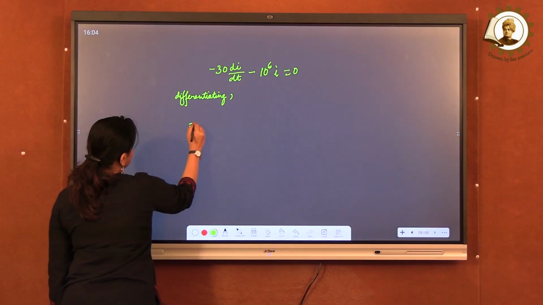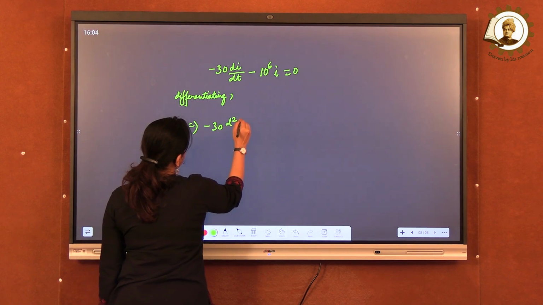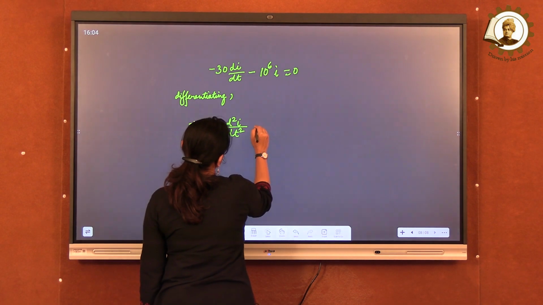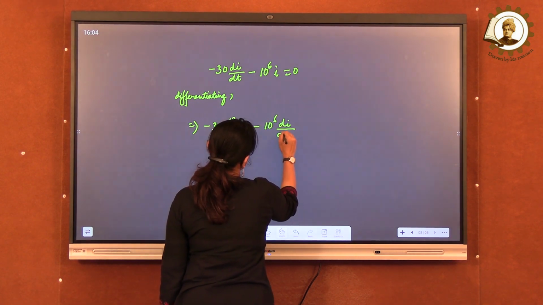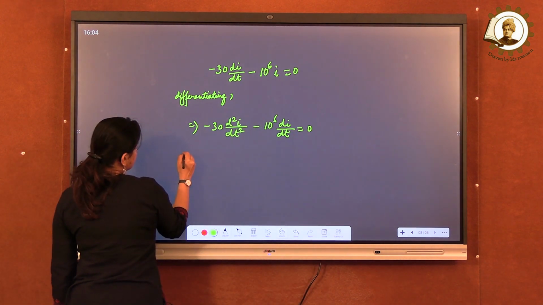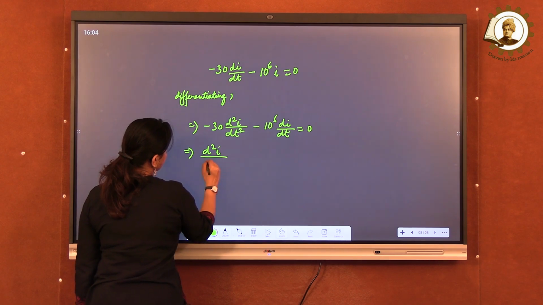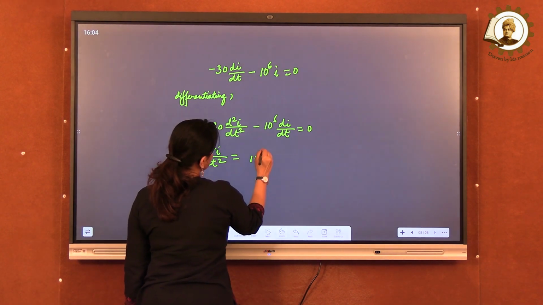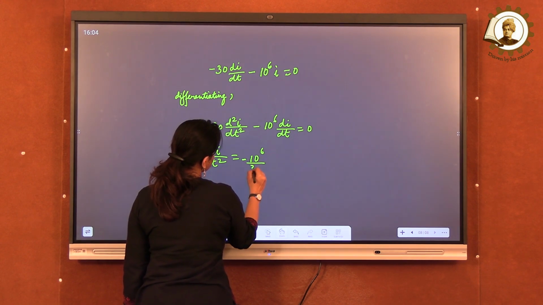Differentiating, we get minus 30 d2I/dt2 minus 10 to the power 6 dI/dt equal to 0. So d2I/dt2 is equal to minus 10 to the power 6 by 30 into dI/dt.